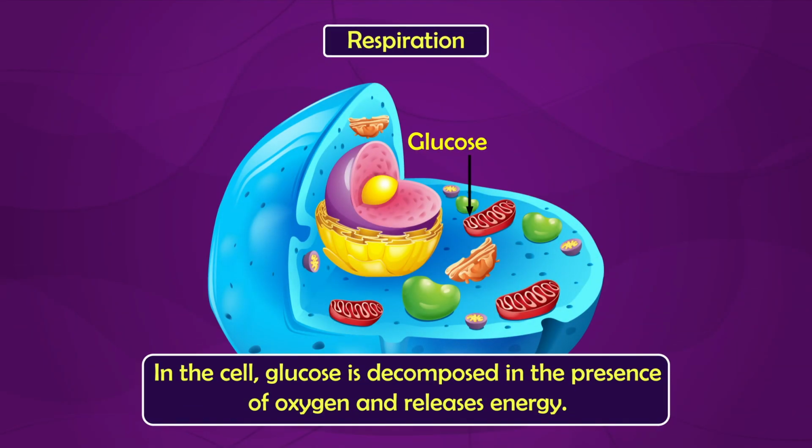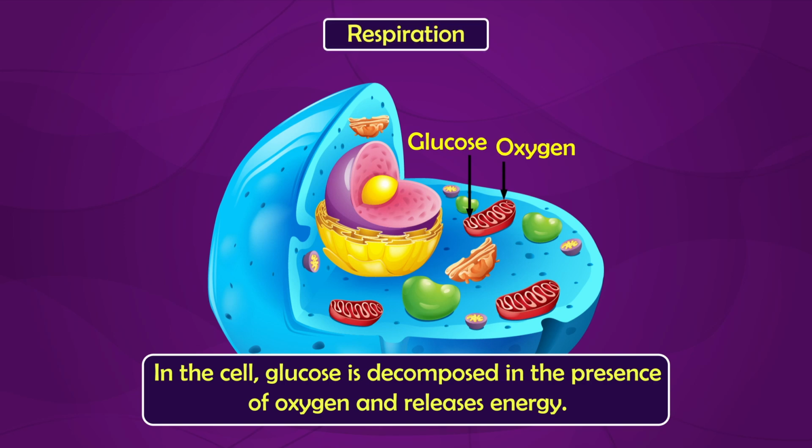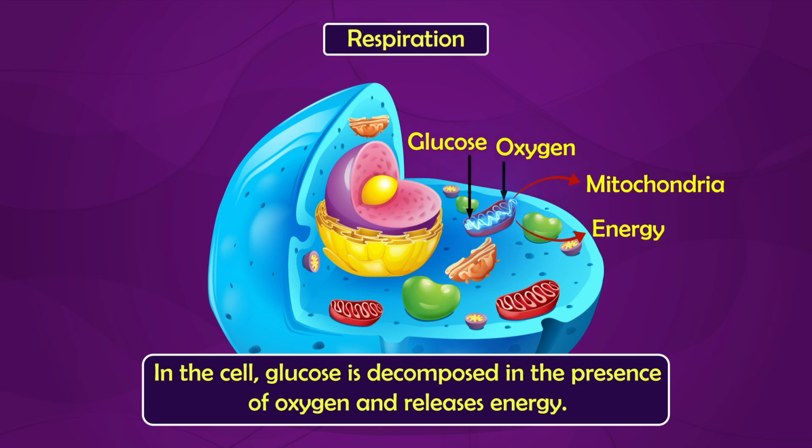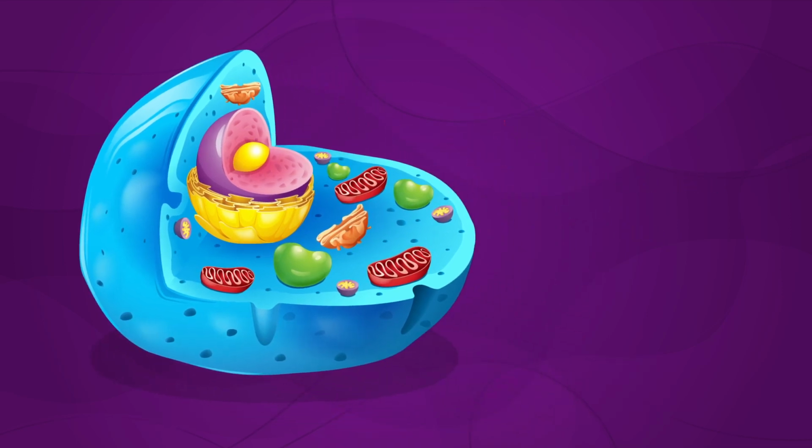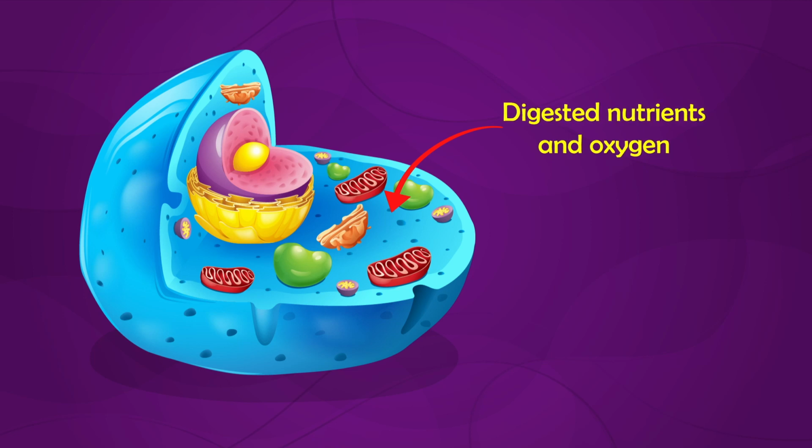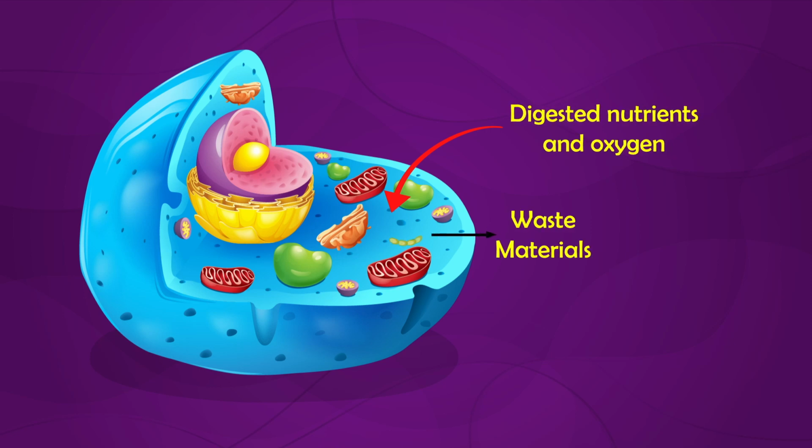In the cell, glucose is decomposed in the presence of oxygen and releases energy, that is, respiration. The smooth running of these life processes is essential for life. As a result of these continuous processes, various waste materials are formed, and these wastes should be eliminated. That is also a part of life processes.